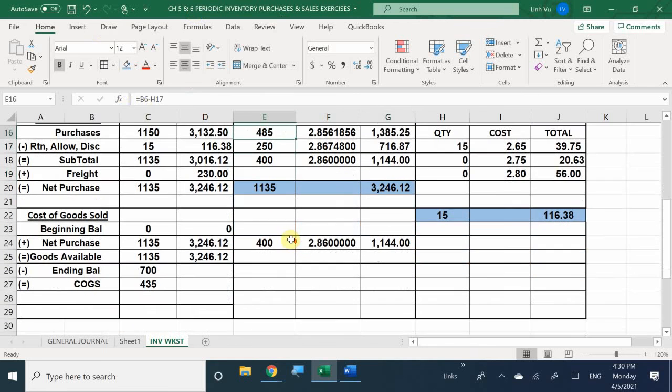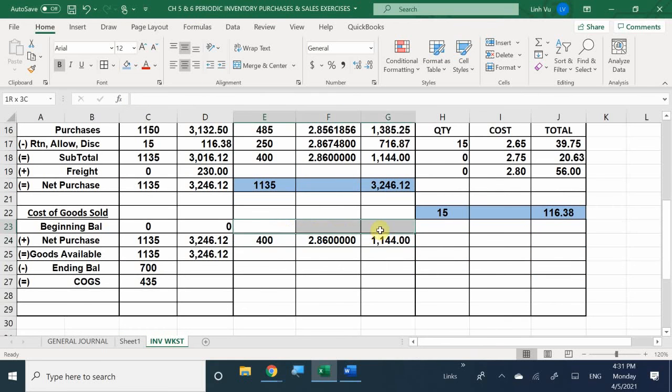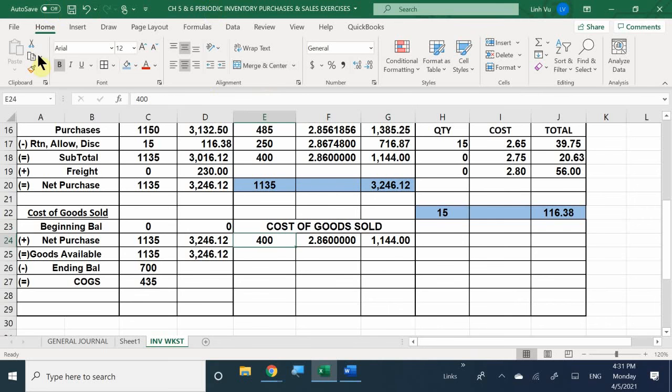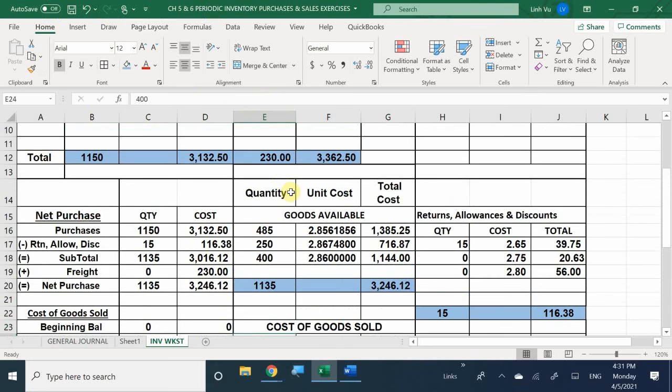And then you can do another one here to indicate this is your cost of goods sold, just so you know which box belongs to what box.